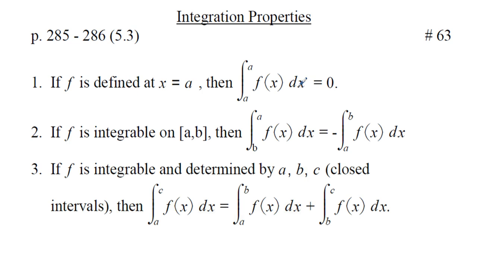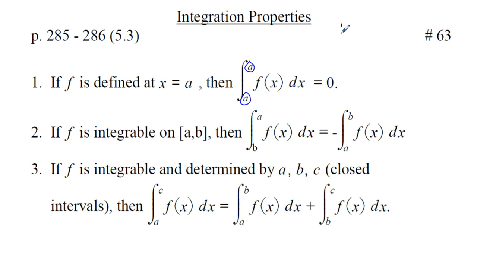So these are just some properties that we're going to look at personified in a few problems. One, if f is defined at x equals a, then the integral from a to a, because you might remember from the Fundamental Theorem of Calculus, we had integral from a to b, right? Well, here, a to a, where the constant a is the same number, of f of x dx equals 0.